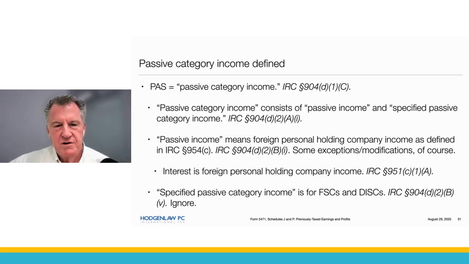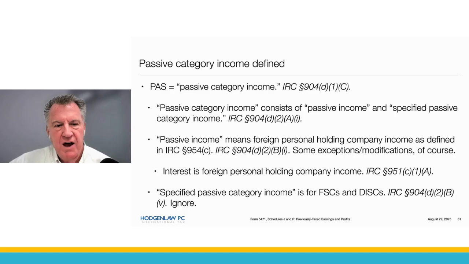Interest is foreign personal holding company income. So if you follow that trail all the way up, interest is foreign personal holding company income, personal holding company income is passive income. Passive income is passive category income. And hey presto, you have the foreign tax credit category 904(d)(1)(C), passive.